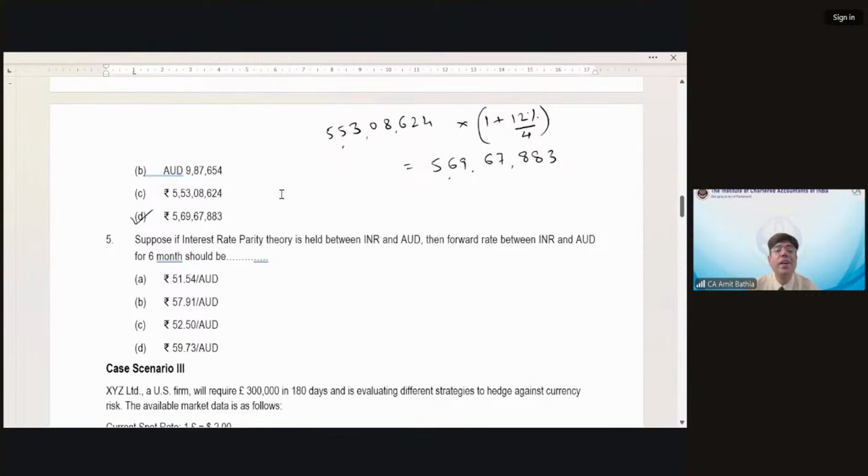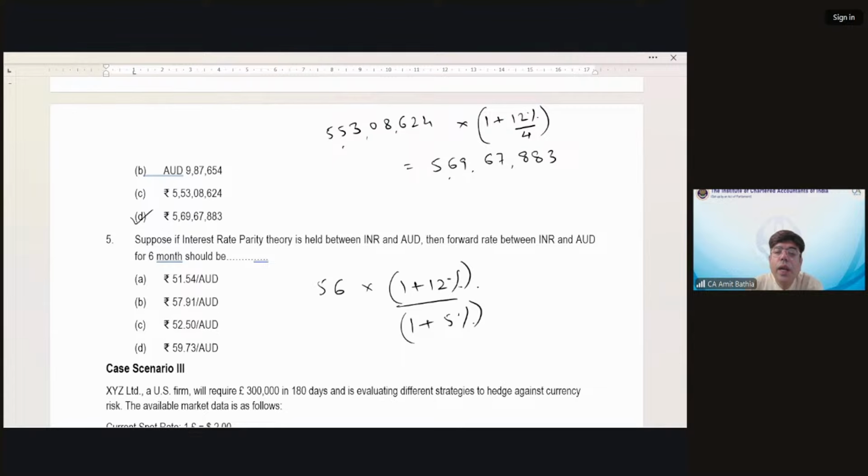Now the fifth part, suppose interest rate parity theory holds between INR and AUD, then forward rate between INR and AUD for 6 months should be how much? If interest rate parity theory holds between INR and AUD, so your current spot rate is how much? 56, right? Into 1 plus, what is the interest rate? 12% upon 1 plus 5%, right?